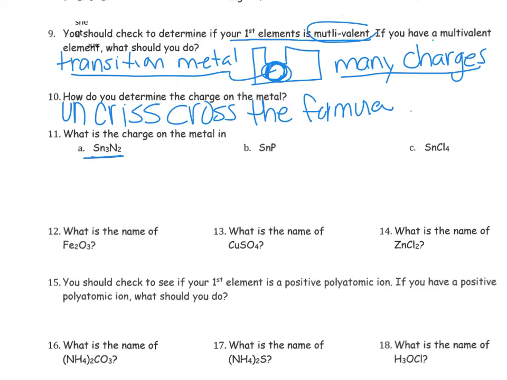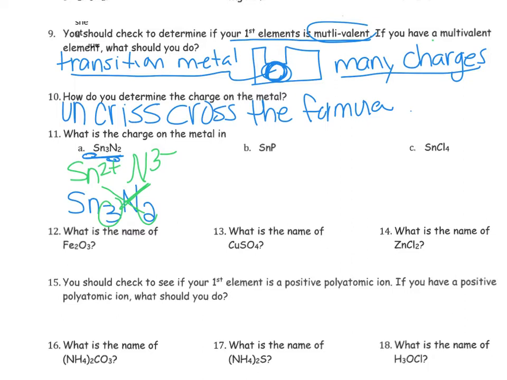So this element, the first element, tin, and then the second one, nitrogen here, I have to take those charges, if it's Sn3N2, I basically have to take those charges and bring them back up top. That will let me know that this was Sn2 plus, and nitrogen had the 3 minus charge.